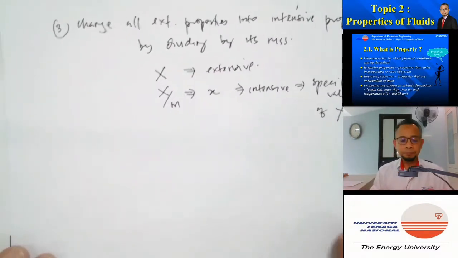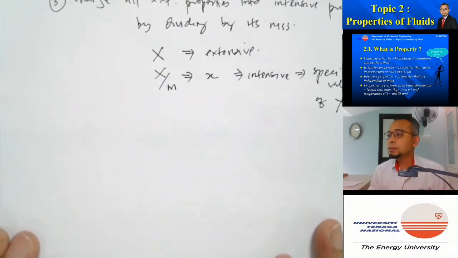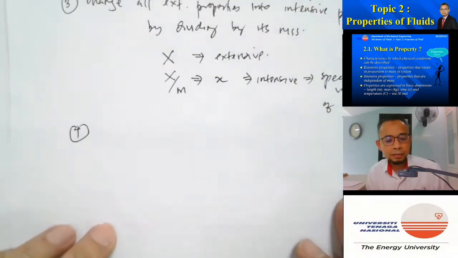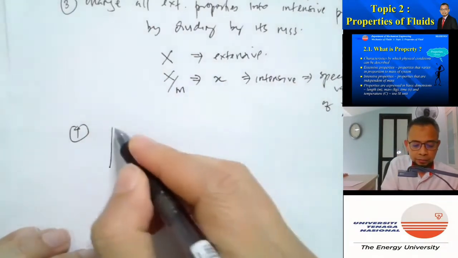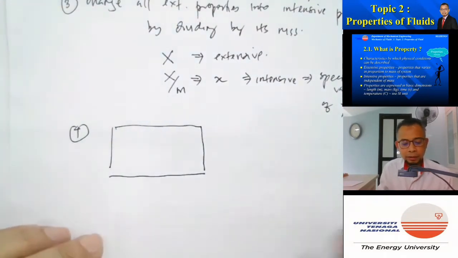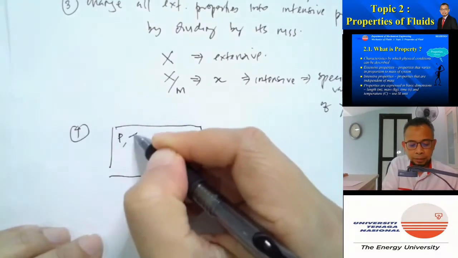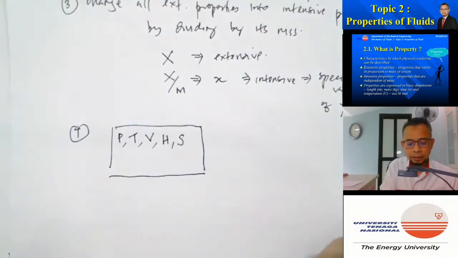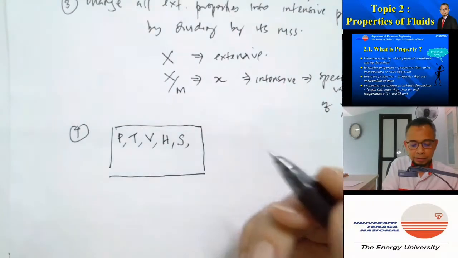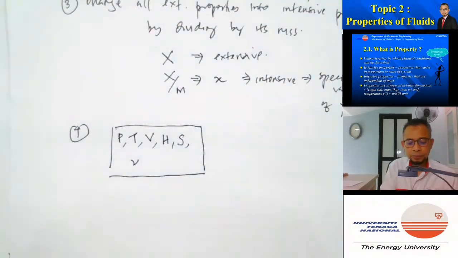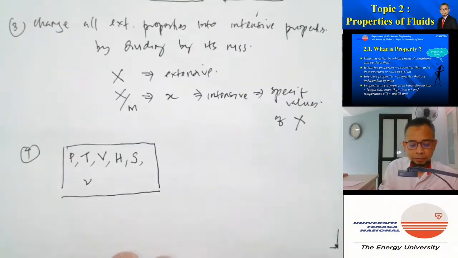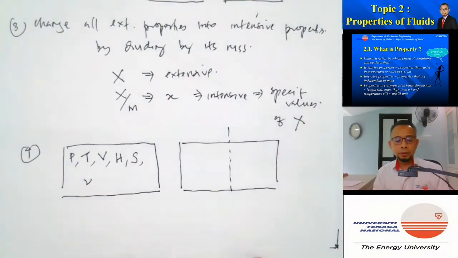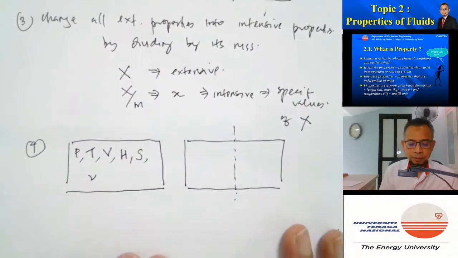So for examples of extensive and intensive properties, for example, we have a system again. Let's say it has pressure P, temperature T, volume V, enthalpy H, entropy S, and then it has, let's say, specific volume. Now, if we divide it equally into two different parts, what will happen to pressure?